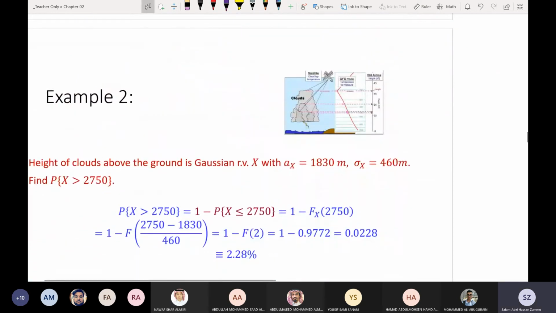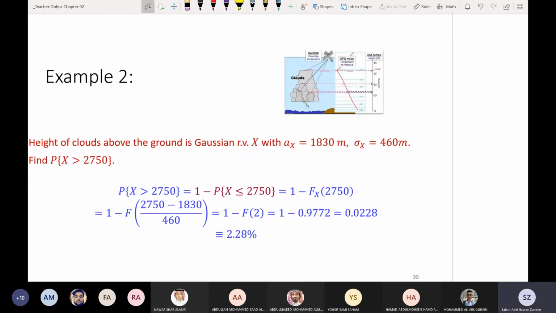Another example. The height of clouds above the ground is a Gaussian random variable x with the average equal 1830 meters.